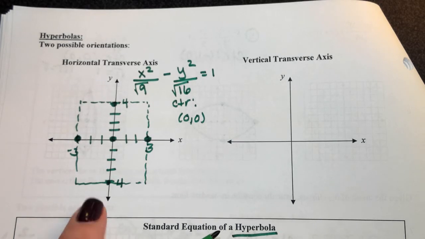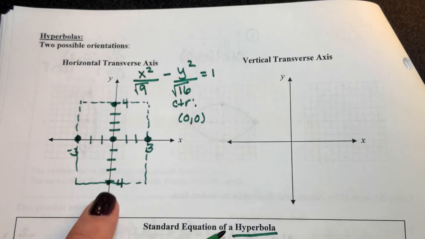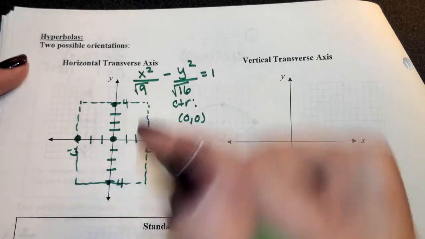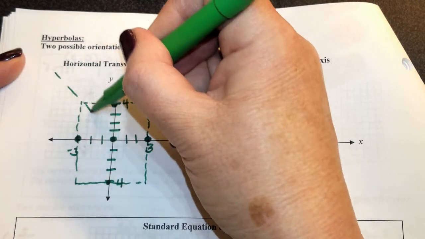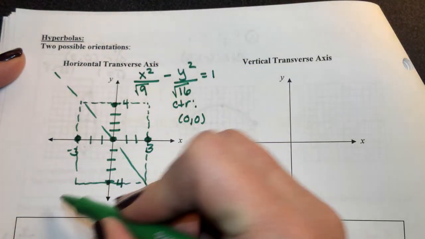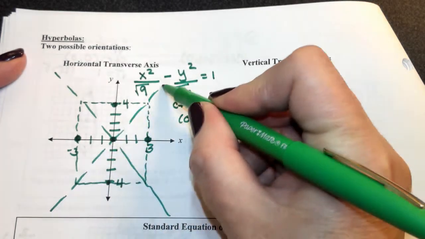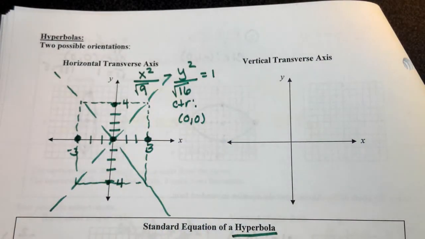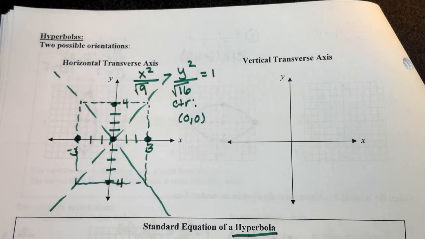So now that you have the rectangle drawn, you're going to draw a diagonal through the rectangle passing through the center. So those lines that I drew are the asymptotes.